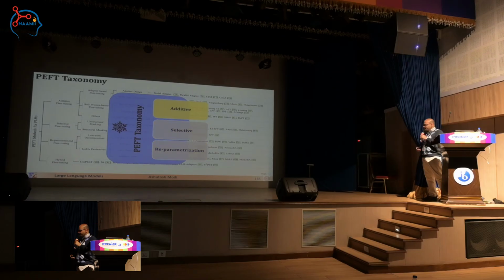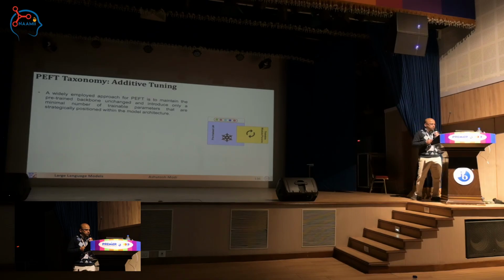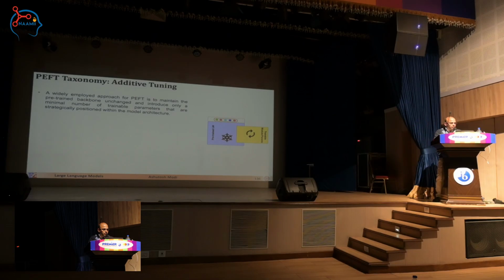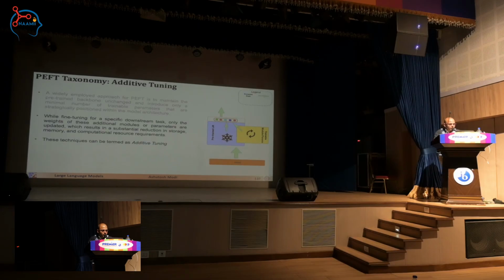Starting with additive PEFT. In additive PEFT, what you do is you introduce a small set of parameters into the LLM, and only these parameters are updated, and everything else remains frozen. So let's say you are given a new task and certain input. You add this small set of parameters, randomly initialize them, and pass the input through.